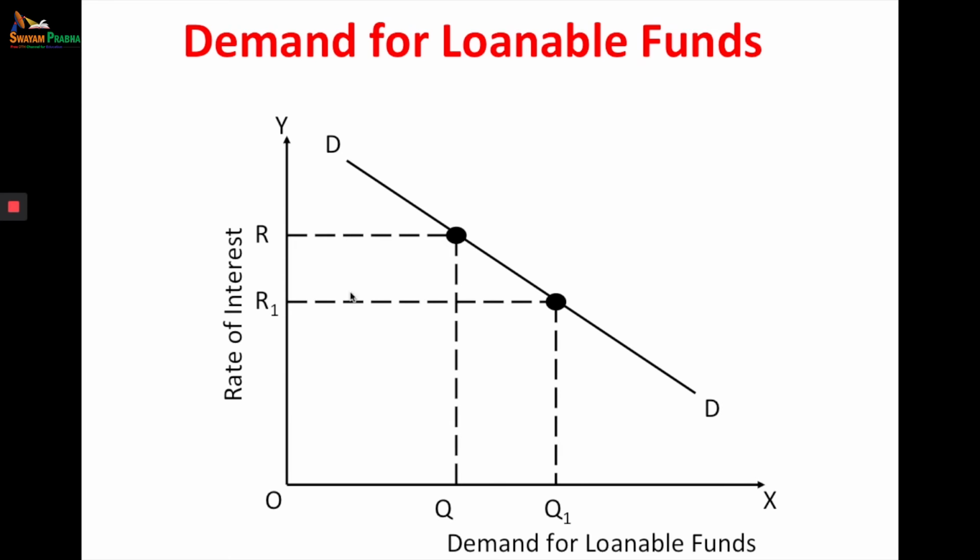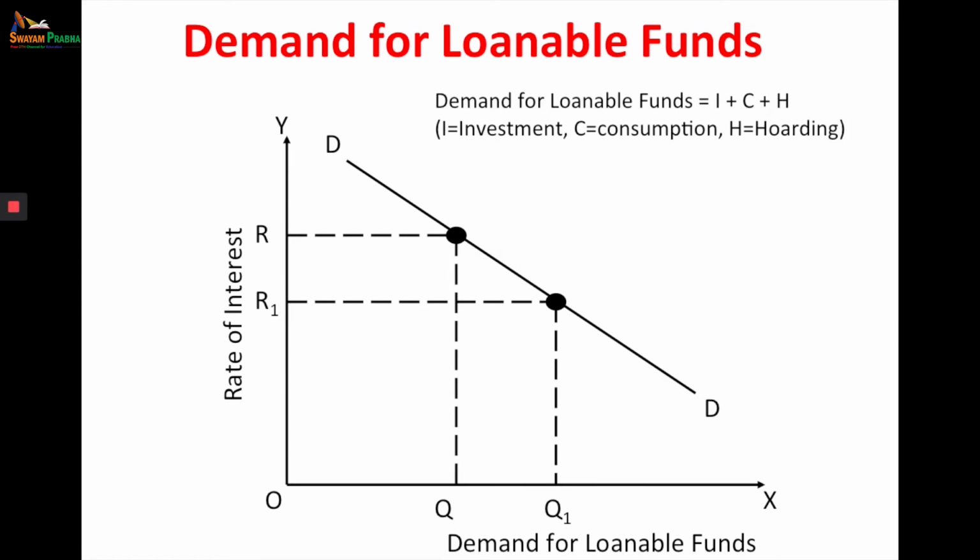It means the higher the rate of interest, the lower the quantity demanded of loanable funds, and the lower the rate of interest, the higher the demand for loanable funds, according to the new classical theory: an inverse relationship.